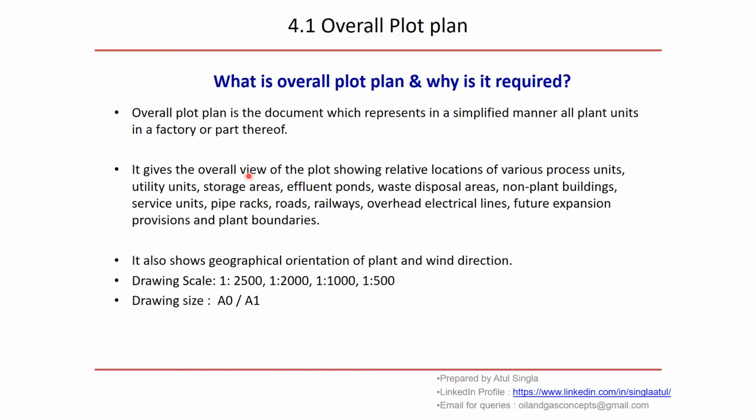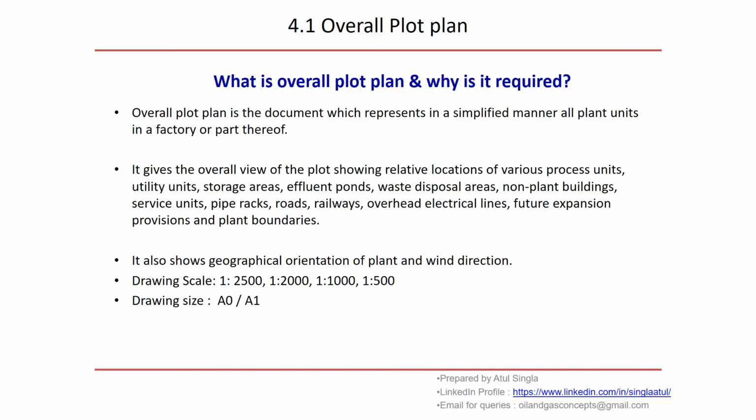It gives the overall view of the plot, showing relative location of various units, utility areas, storage areas, effluent ponds, waste disposal area, non-plant buildings, service units, pipe rack, roads, railway overhead, electrical, future expansion provision, and plant boundaries. So everything is shown in a single document. It is called overall plot plan.